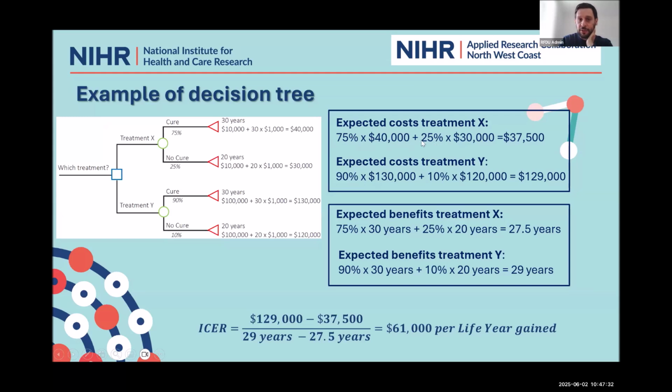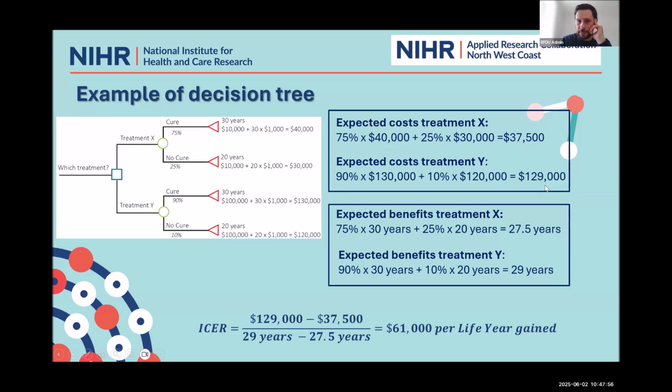And then if I don't get cured, I will incur, or the system will incur, a cost of $30,000, and there is a 25% probability of not getting cured. And the total expected cost for treatment X is going to be $37,500, which sits somewhere in between $30,000 and $40,000.